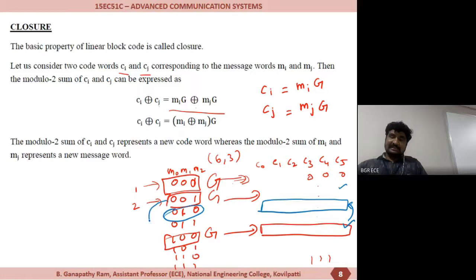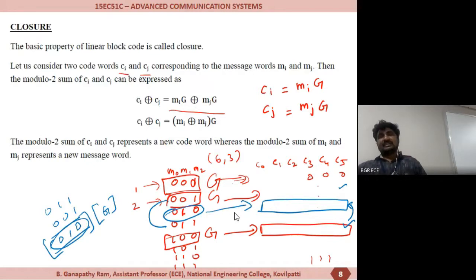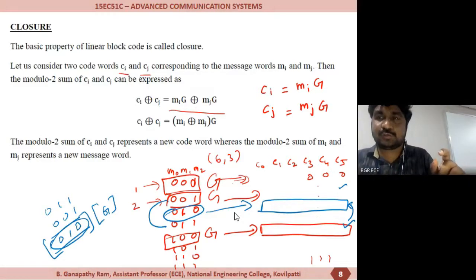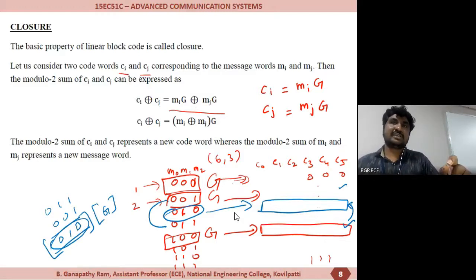Then the linear sum of these two will produce this one, that is 011 and 001 will produce 010, and that will be multiplied with the generator matrix to produce the corresponding code word, which can also be made equivalent to the linear sum of the two code words Ci and Cj. This property is called the closure property.